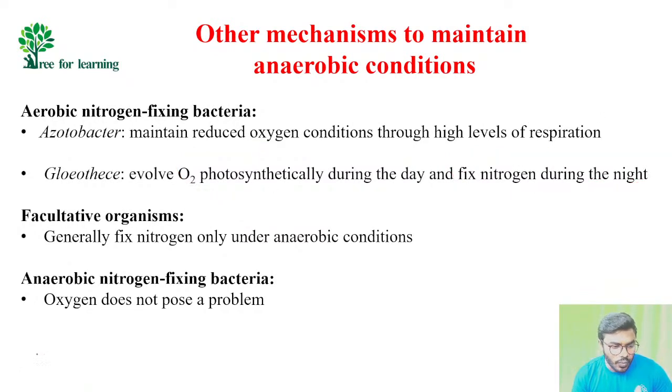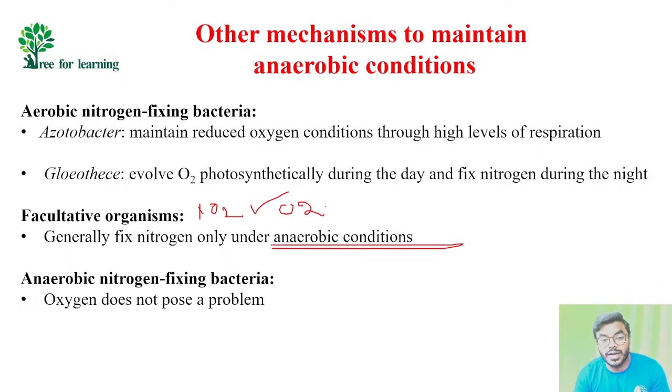Okay. Now, facultative organism, of course, it's a great advantage. What is the specialty of a facultative organism? They can grow in the absence of oxygen. They can grow more rapidly in the presence of oxygen. But what is our condition currently? Our condition is that we want to fix the nitrogen only under anaerobic condition. So what will the facultative bacteria do?